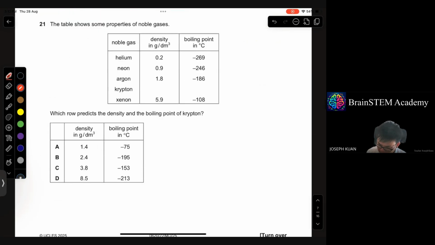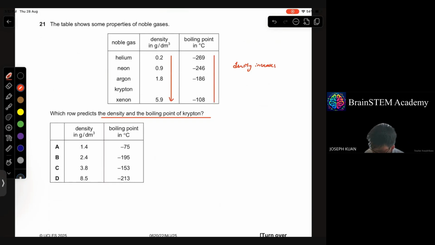Next, the table shows some properties of noble gases. Which row predicts the density and the boiling point of krypton? Now, as we can see going down, the density of the noble gases actually increases. Whereas we see that the boiling point is also increasing, as it is heading towards a less negative value.